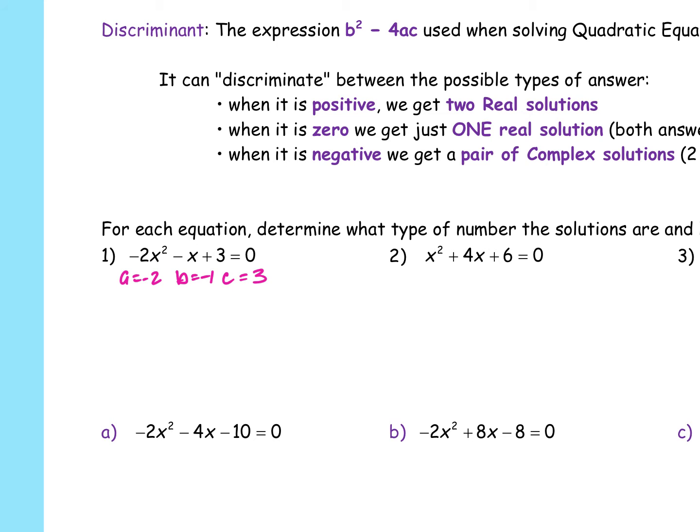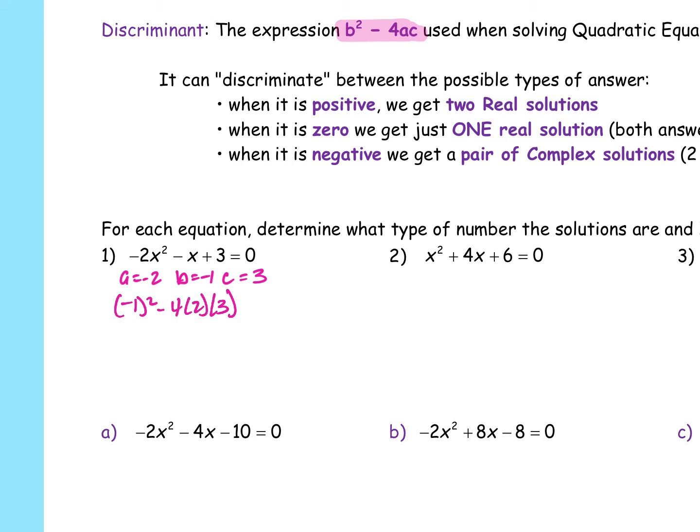And then I'm just going to plug it in to my discriminant, the b squared minus 4ac. So I get -1 squared minus 4 times -2 times 3. And then order of operations.